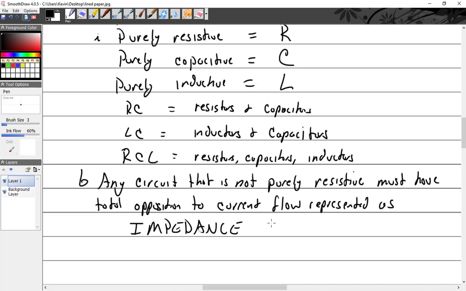I-M-P-E-D-A-N-C-E, represented by the letter Z. Impedance.